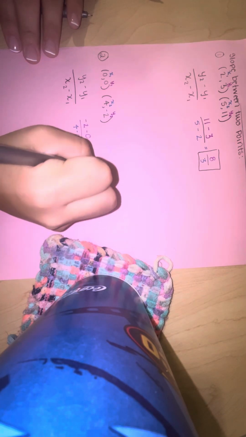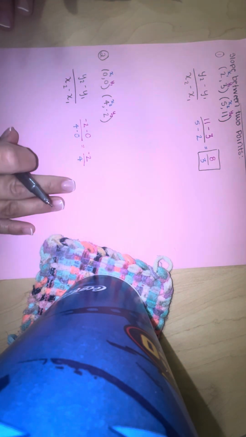Remember to keep that same color coordination over, and then obviously 4 minus 0, you get 4. Okay, and as we can see, we can simplify this. When we simplify this, we end up getting negative 1 over 2.